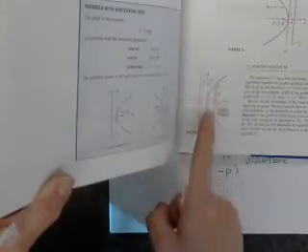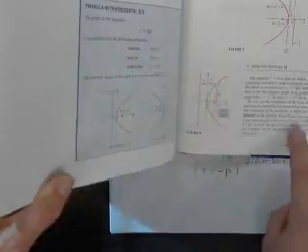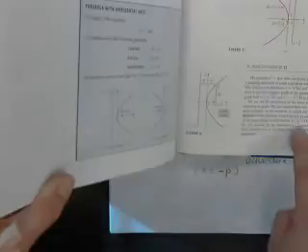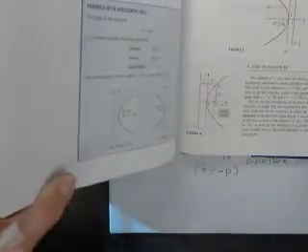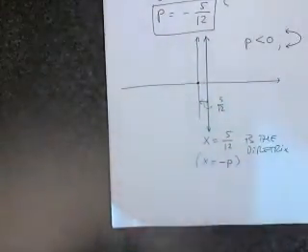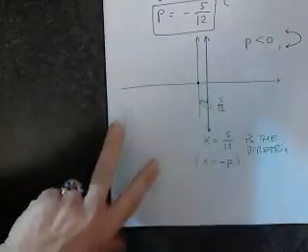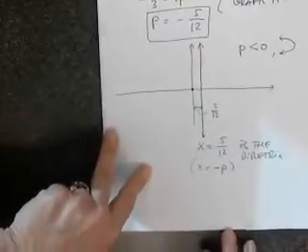And this length is 4p with absolute value. So the focal diameter is the absolute value of 4p. So I have p. p is negative 5 over 12. So I can check this from my list.